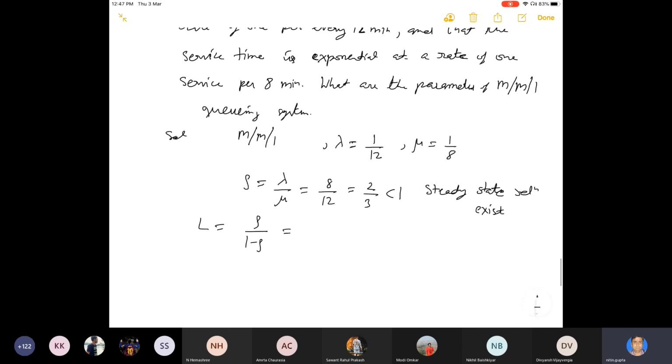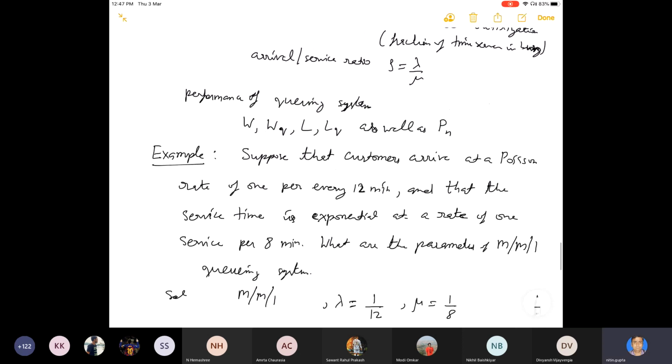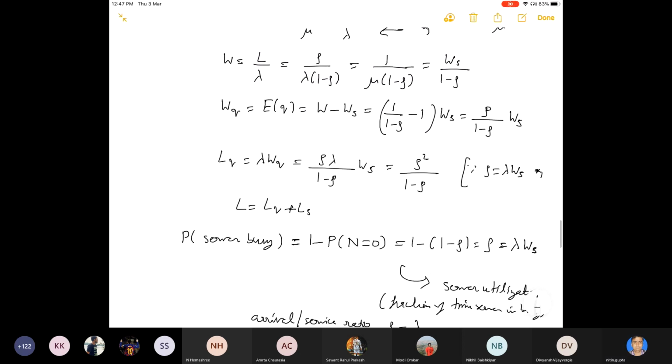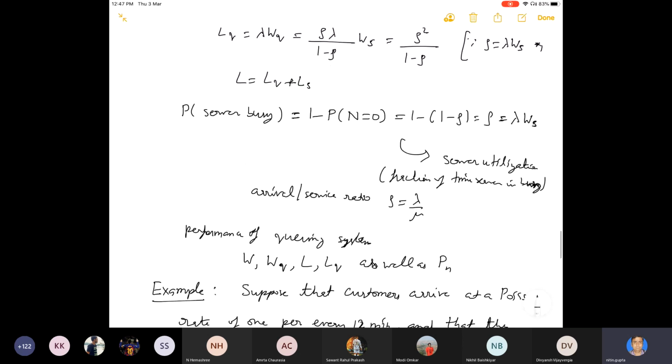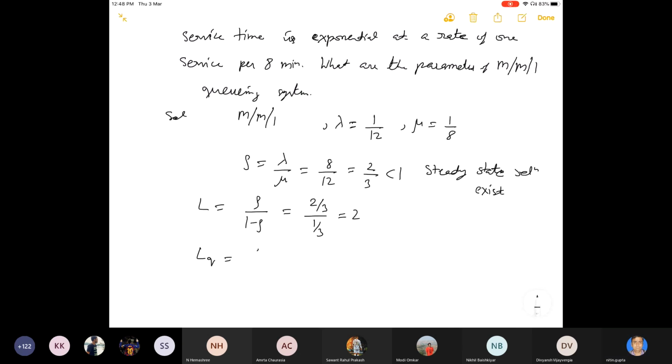So this is 2 by 3 upon 1 by 3, 2 customers. LQ we have already determined for MM1: rho square upon 1 minus rho. So this is 2 by 3 square upon 1 by 3, 4 by 3.